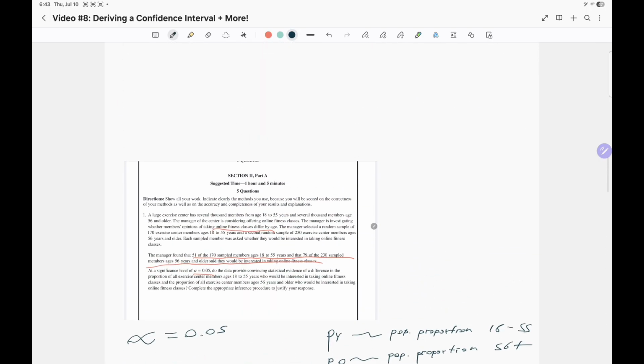And in context, what that means is there's not convincing statistical evidence that there is a difference between the proportion of members in both age groups that would be interested in taking the online fitness classes.